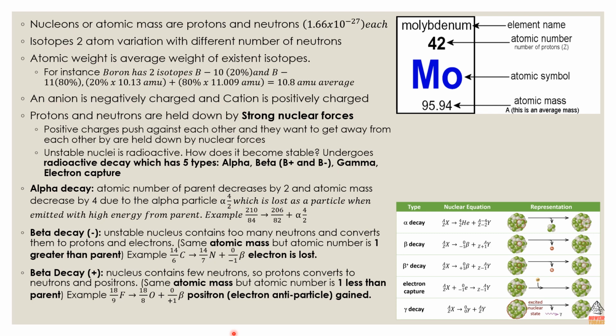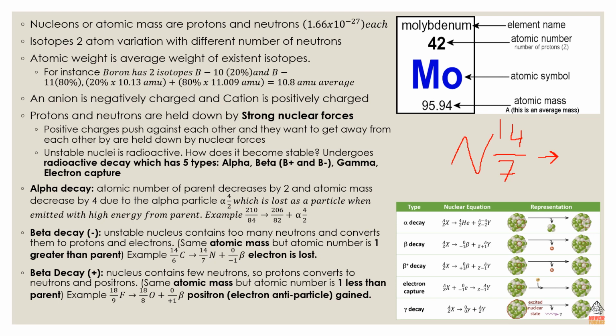Or here, a better example. Let's say you have nitrogen. Okay, and then nitrogen undergoes an alpha decay. But what is nitrogen actually? Nitrogen is 7. So it has 7 protons because of its atomic number, and its atomic mass is 14. So 14 and 7. Okay, and then it goes alpha decay.